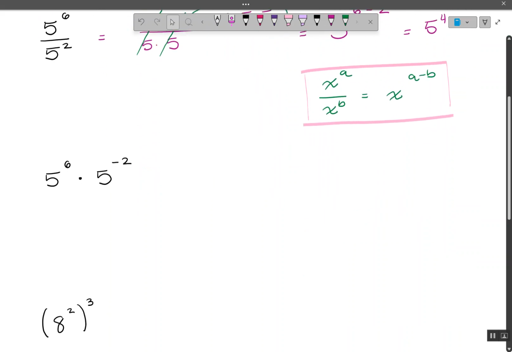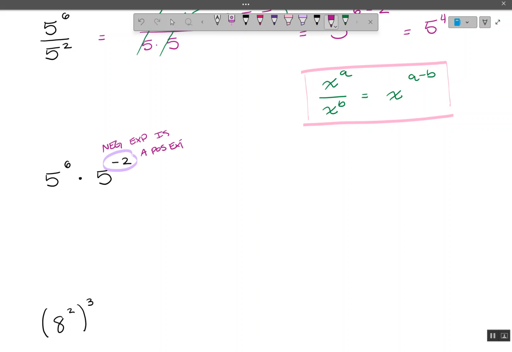Now, let's make a definition for a negative exponent. A negative exponent is a positive exponent in the denominator. So we've got 5 to the 6th times 1 over 5 squared.